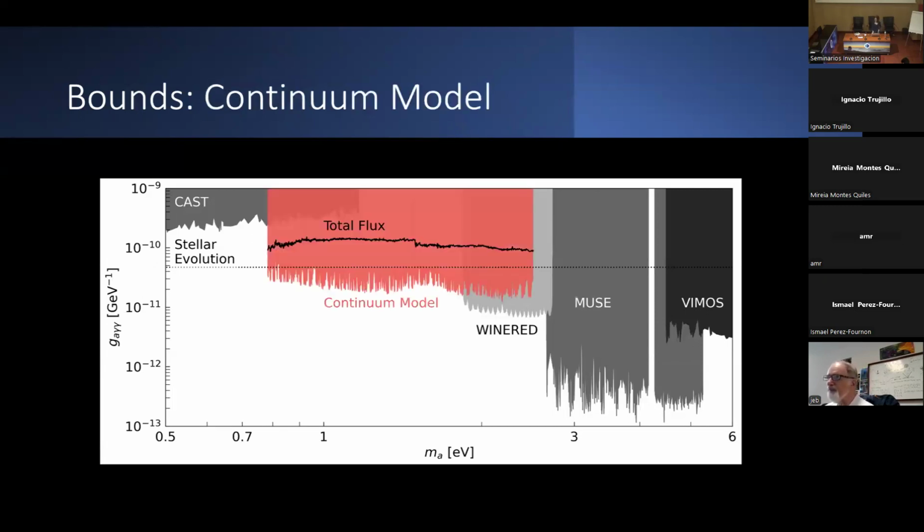Obviously, it's not realistic, because we know that the majority of the emission will be astrophysical. That's when I assume a continuum model for the astrophysical signal. The question now is, can I see a dark matter signal on top of the astrophysical background? And this improves the constraints. They already become competitive with one observation.